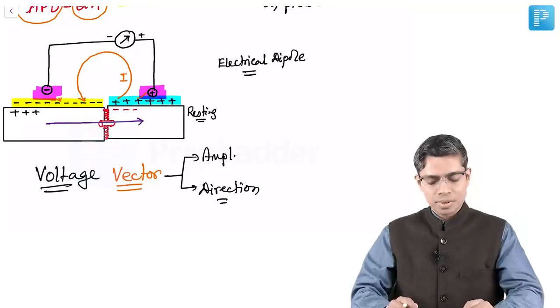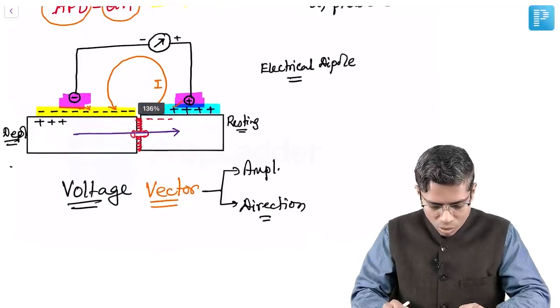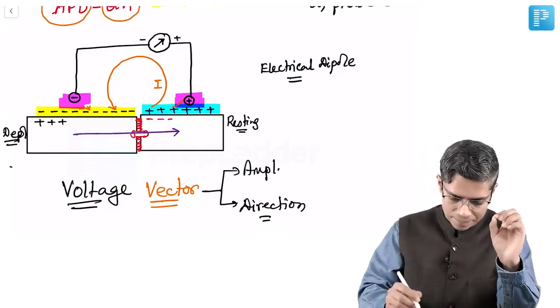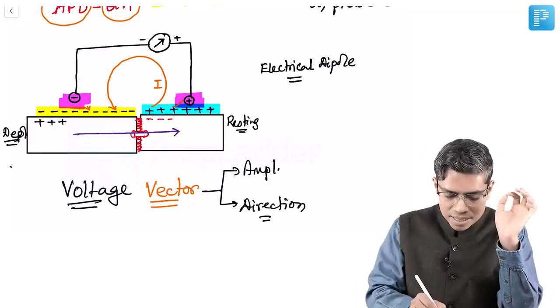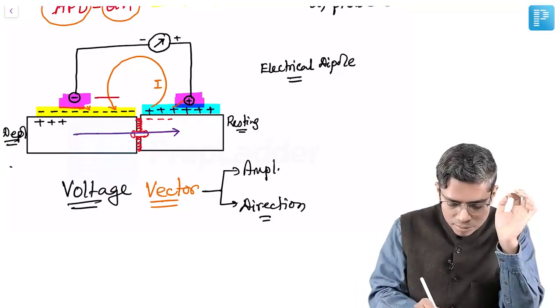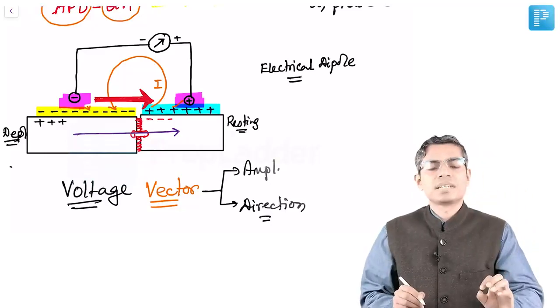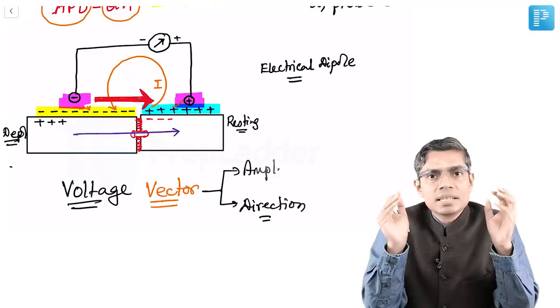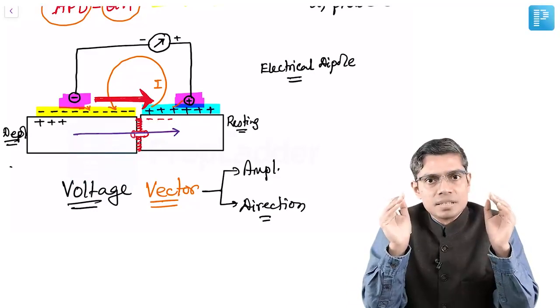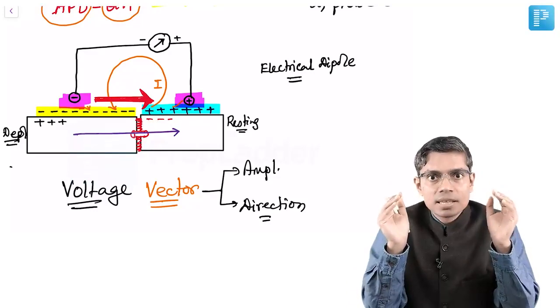So if I ask you, what is the direction of the voltage vector that is created here, your answer will be that the voltage vector is directed from negative towards positive. So negative towards positive, this is the direction of the voltage vector, and this voltage vector is recorded by ECG machines. So repeat once again.